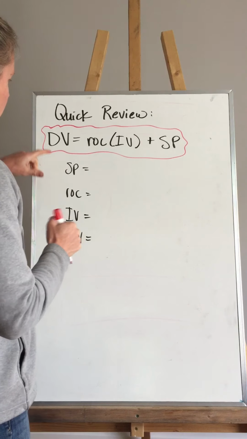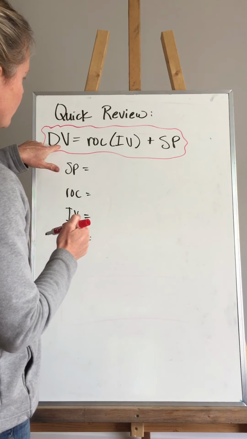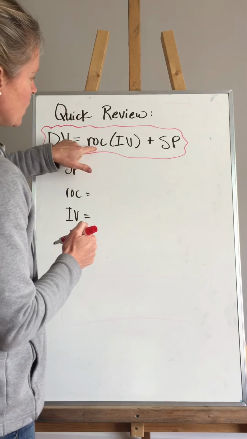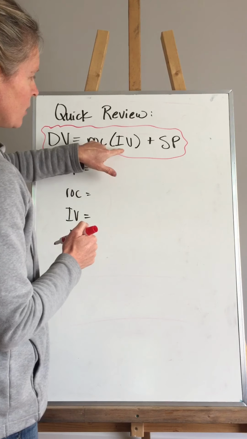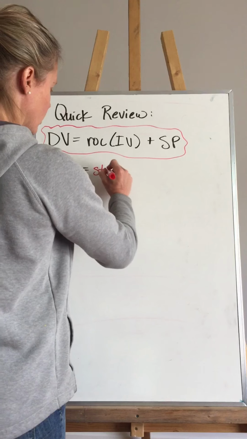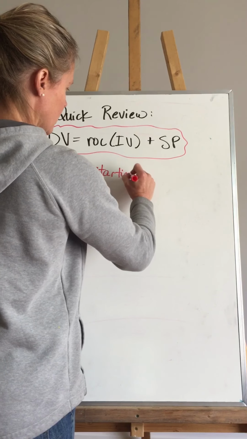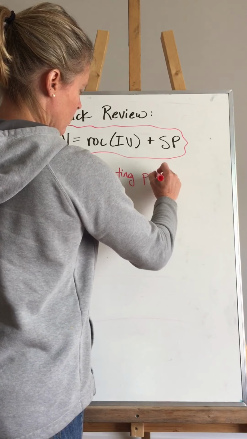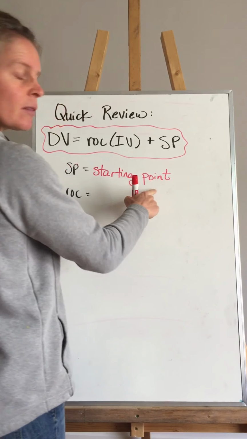Here we have the dependent variable equals the rate of change times the independent variable plus the starting point. So I'll write this out. SP is the starting point, and sometimes that's 0.